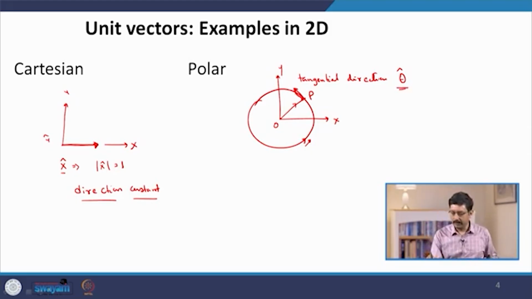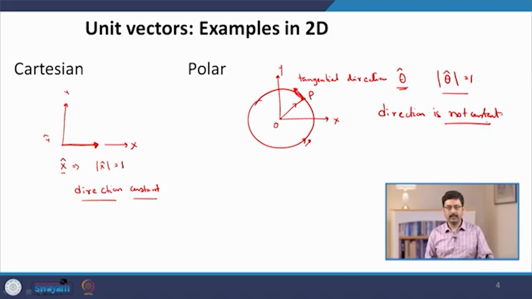This is usually denoted by theta hat, the unit vector along the tangential direction. The magnitude of theta hat is 1, but the direction is not constant, it is continuously changing. So, when we say unit vector, it does not say anything about the direction, only that the magnitude is 1.